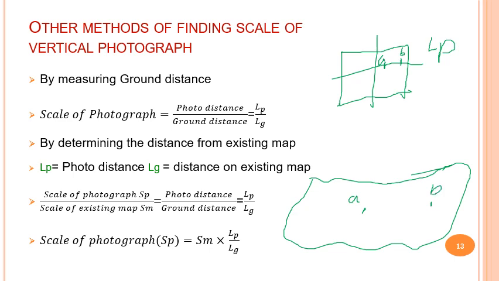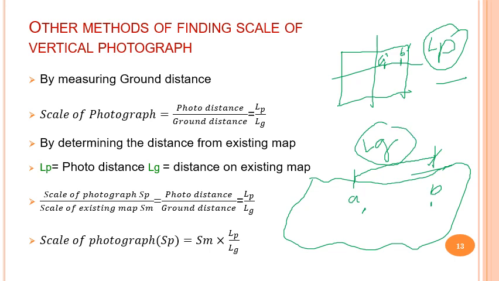I am considering A dash, B dash for the calculation of LP, and A and B, the length of AB, measured on the ground. On the photograph, the length of A dash B dash is called LP. The length of AB on the ground is called LG.